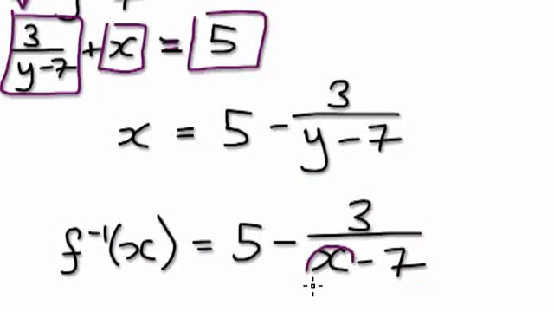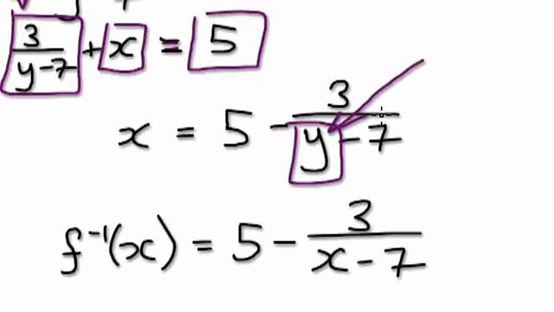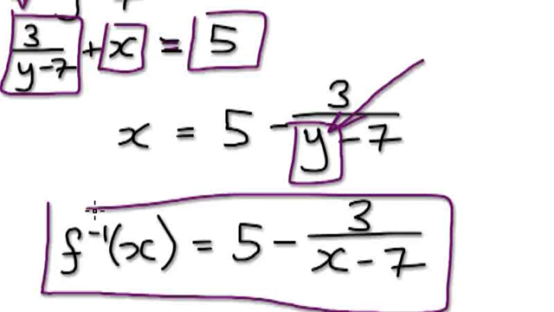Well, the x that you see over here is this. So basically, we just use the y as a dummy variable, if you like, a thing that we're going to discard after using it. Well, it's just a technique. So the inverse function is actually this.